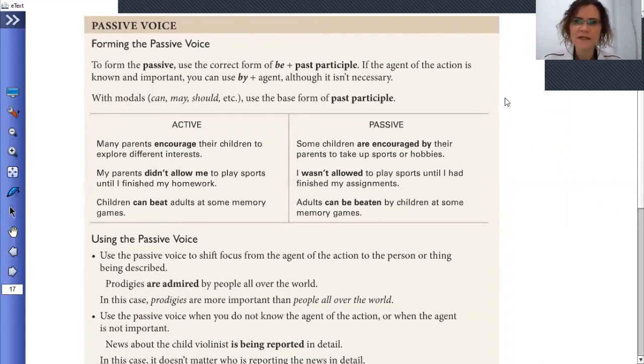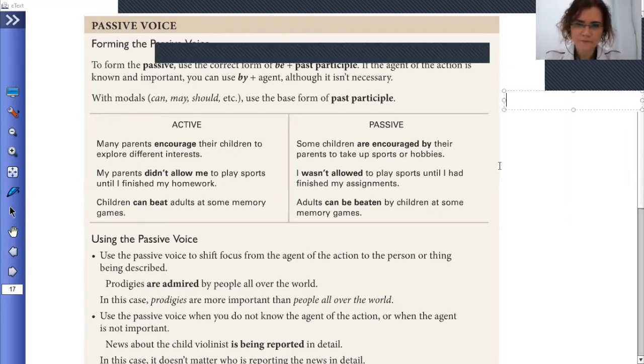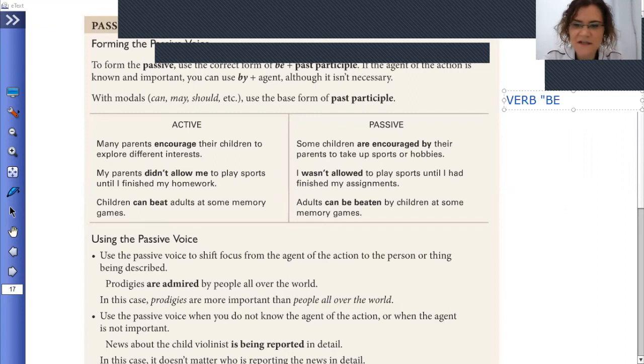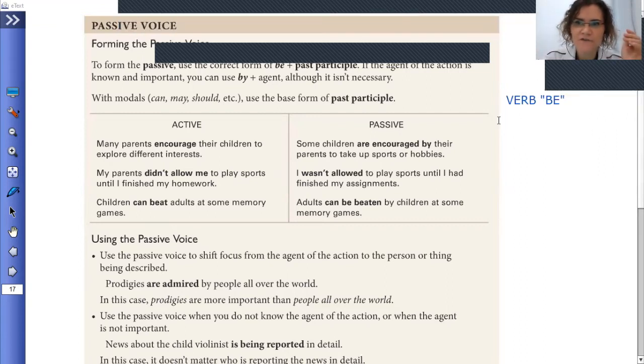The verb be, just to make sure that you remember this, it has different forms. If we're talking about the present, then we're talking about am, is, are.